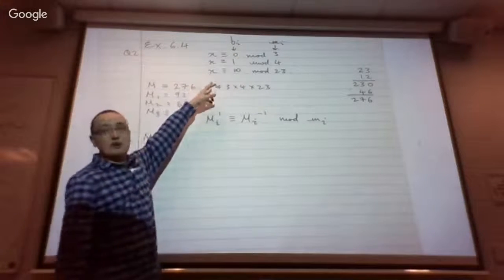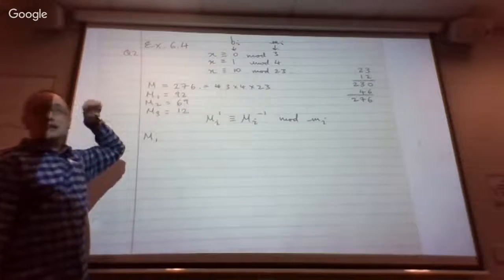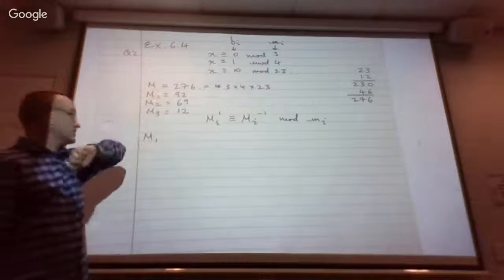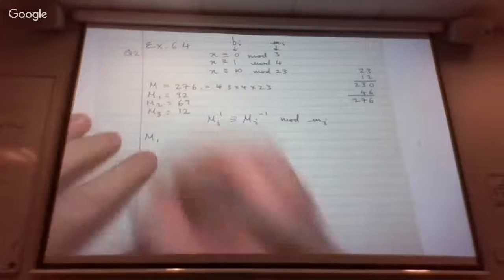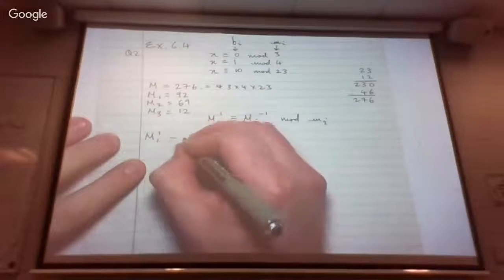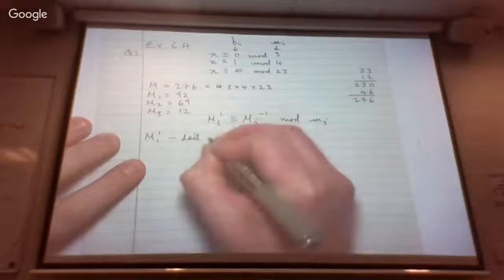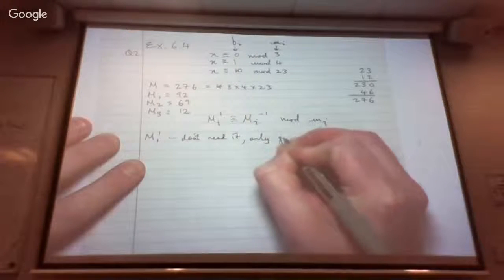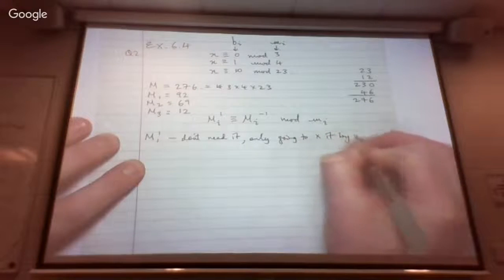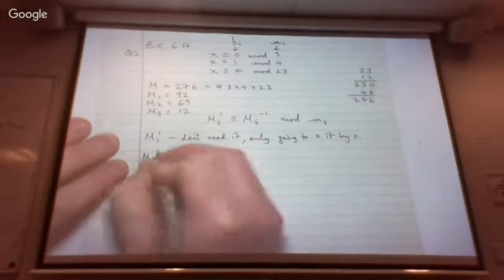Because b1 is 0, that whole first term is going to be 0. So I don't actually need to bother calculating the M1 prime. I don't need it, I'm only going to multiply it by 0. So we can save ourselves a bit of time just by moving on to the second one.